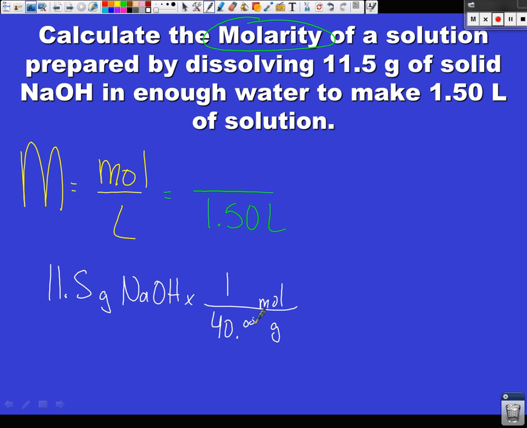Anybody got the number of moles? Say it again. 0.28. Whoa, that's too many numbers. I need 3. So 0.288 moles. Okay. We're getting back into it. Hold your horses. So then, what do we do with this? Divide and, which is?